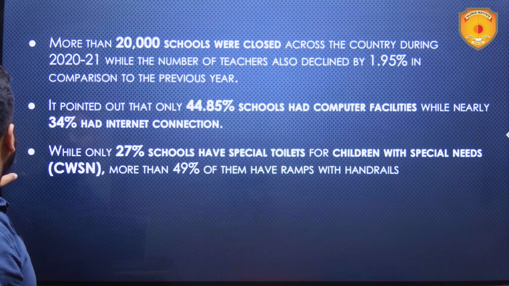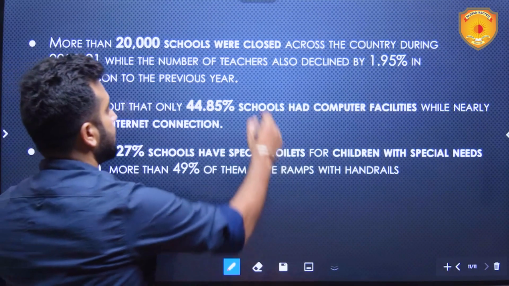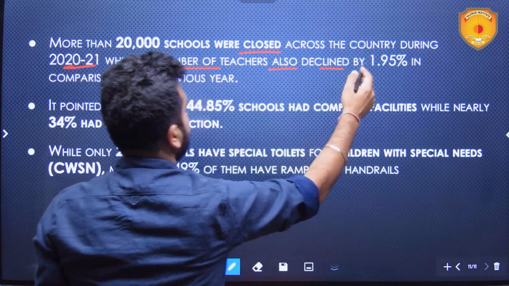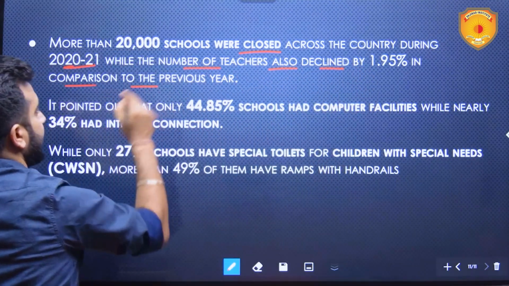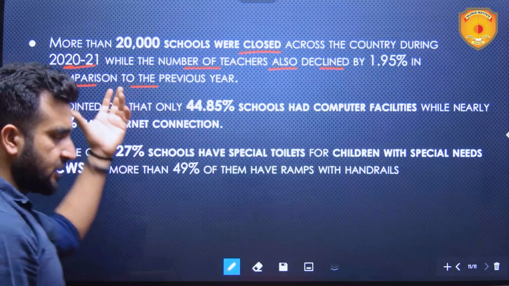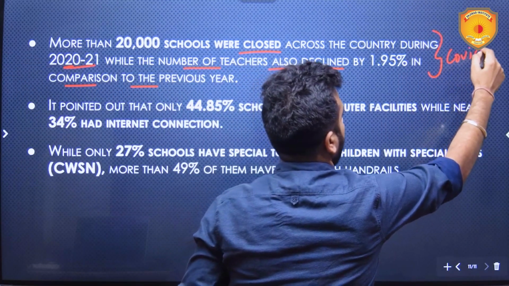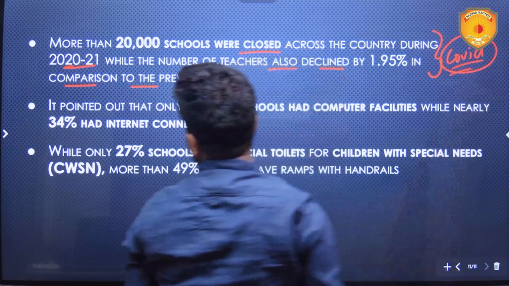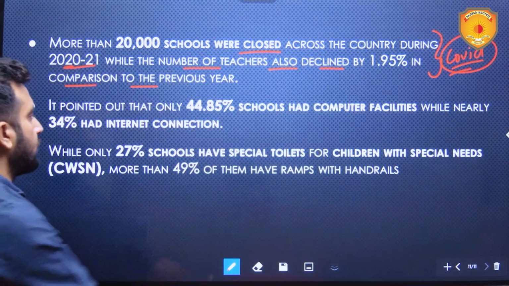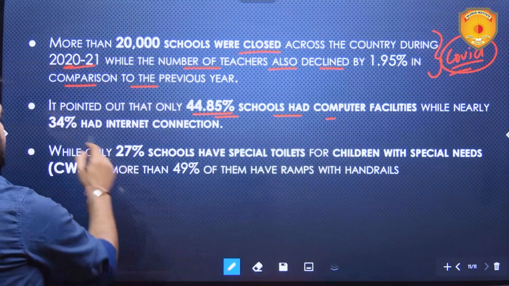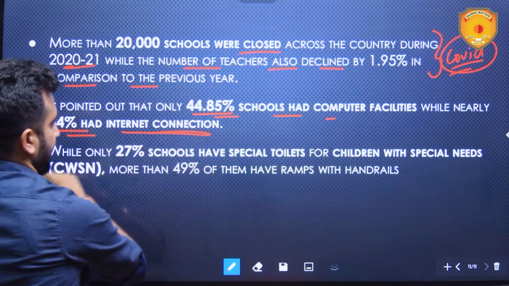More than 20,000 schools were closed across the country during 2020-21, while the number of teachers also declined by 1.95% in comparison to the previous year. Obviously, this was the COVID impact. It pointed out that only 44.85% of schools had computer facilities, while nearly 34% had internet connection.